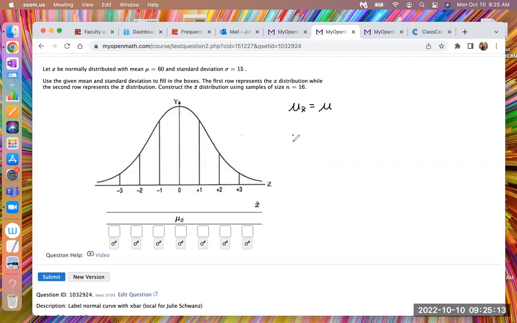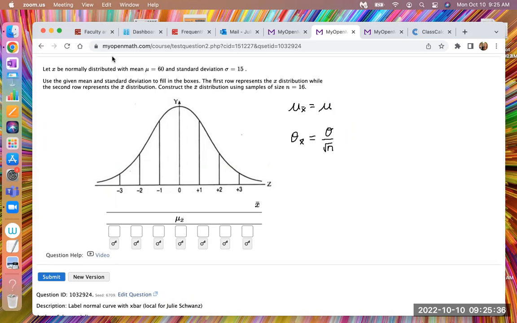And the standard deviation of the sampling distribution of the sample mean is going to be equal to the standard deviation of the random variable X divided by the square root of n.